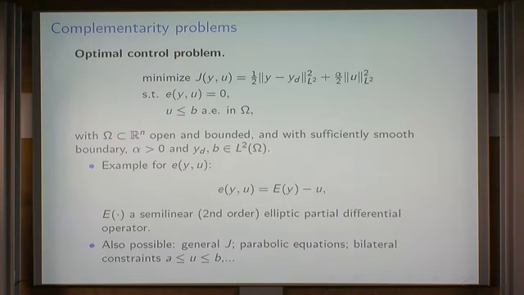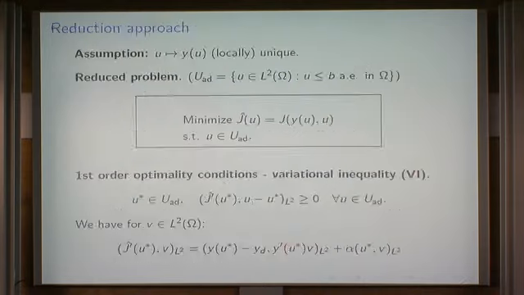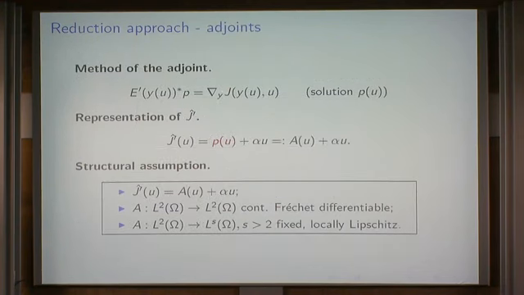Let's go to our simple example of Poisson's equation. Let's assume u is in L2 on the domain, so at least we have y in H1, H01 for instance. Now if the data yd here is in L2 only, and we look at the adjoint, which is the derivative with respect to y, we again have an L2 right-hand side of a PDE, which in our simple case again is minus Laplace of P, so P is still in H1.